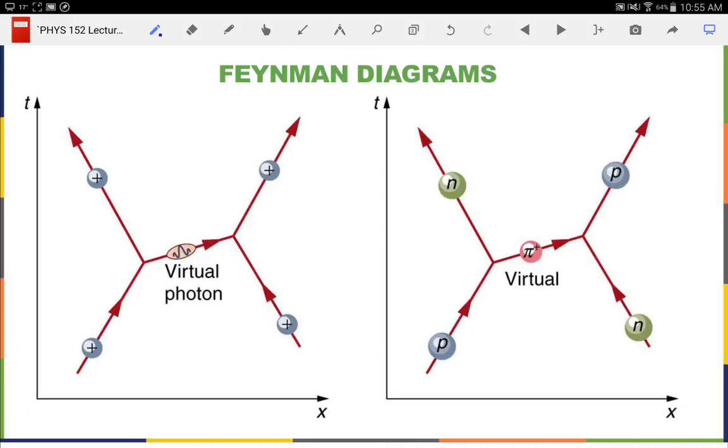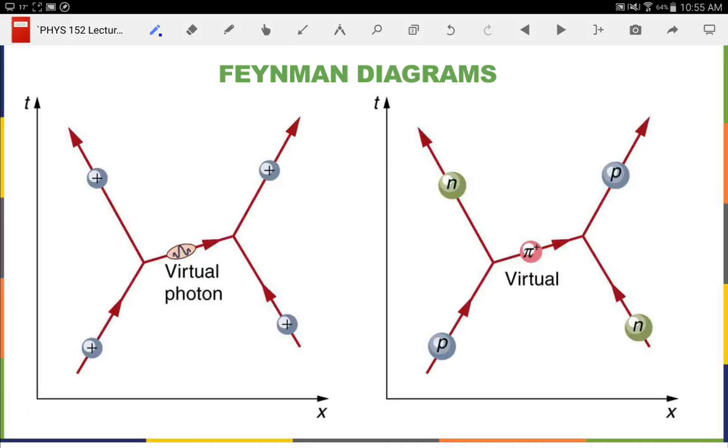I think I spelled Feynman right. These look like stick figures, but what these figures are doing is giving scientists a simple, easy way to talk about particle interactions. It takes a complicated situation and breaks it down into an easy way to describe it. When people talk about particle interactions, they usually draw these Feynman diagrams because they illustrate important things.